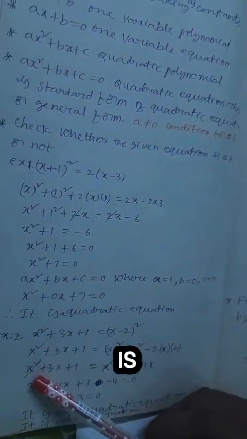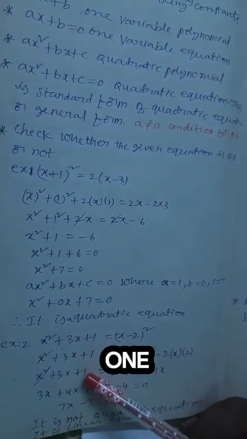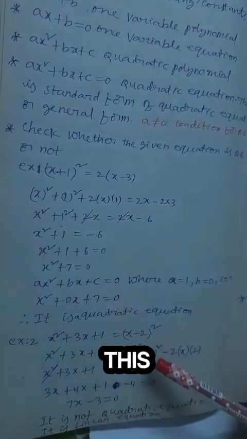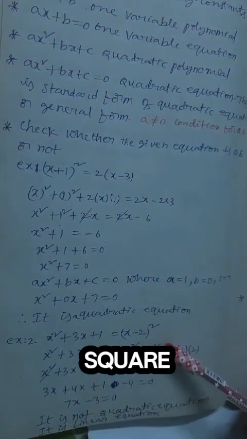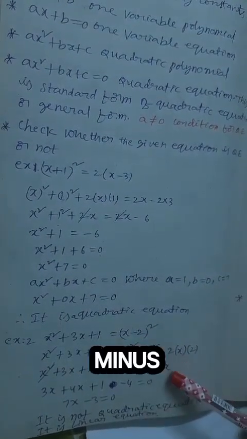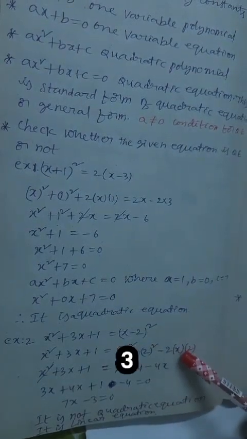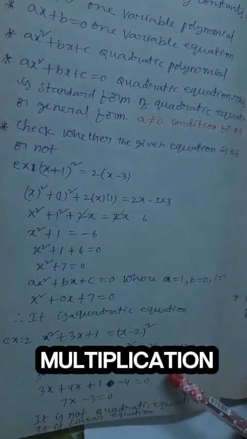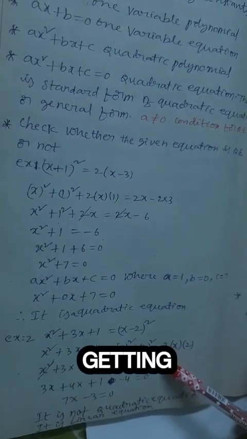Now as it is, x square plus 3x plus 1 on the downside. X square, 2 square means 2 into 2, 2 times, that means 4 coming. Minus 2 2s are 4 into x, it is a variable, so multiplication after that, minus 4x getting.